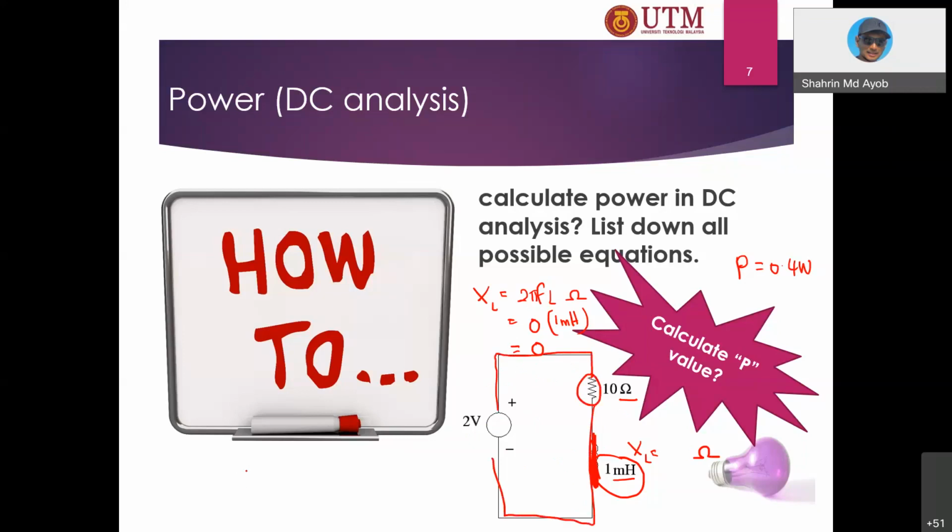From that, you can calculate your I = V over R, so 2 over 10 ohm, and you will get 0.2 ampere. Then by using P = I squared R, you just take 0.2 squared multiplied by 10, so you should get 0.4 watt.